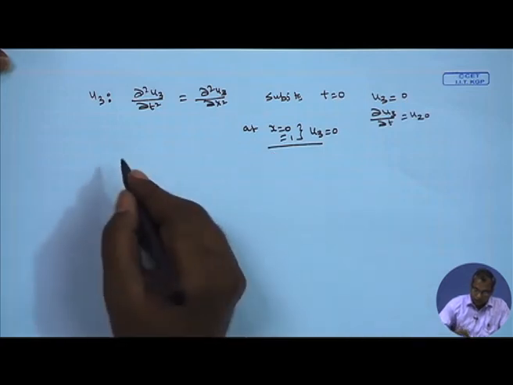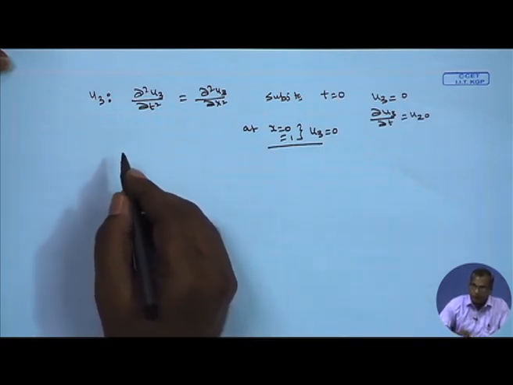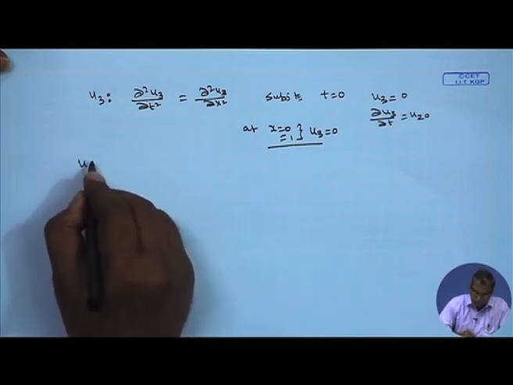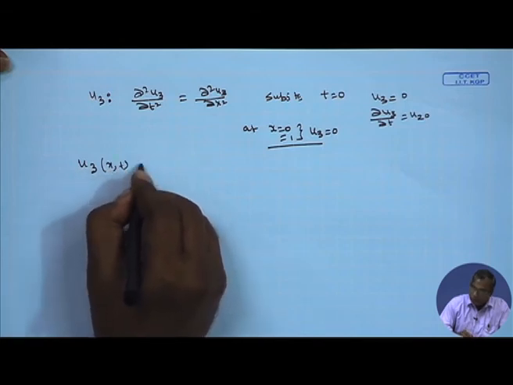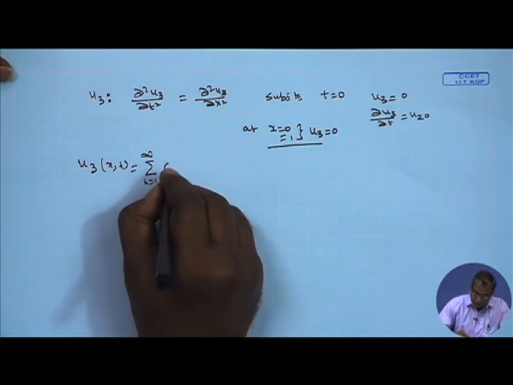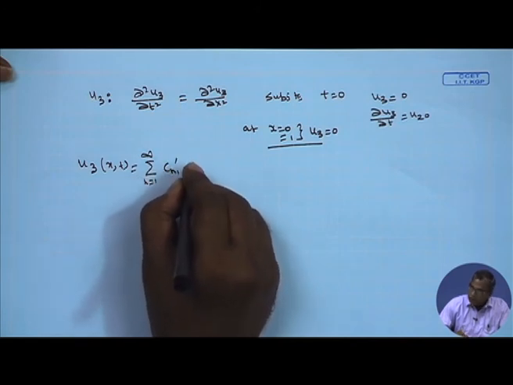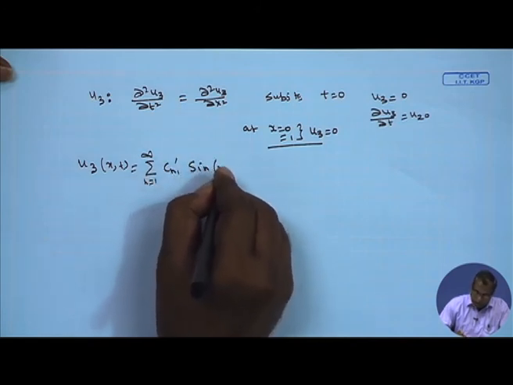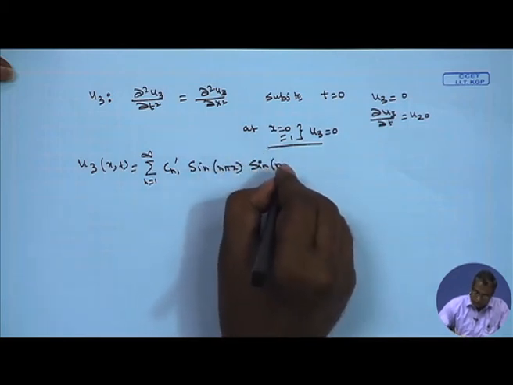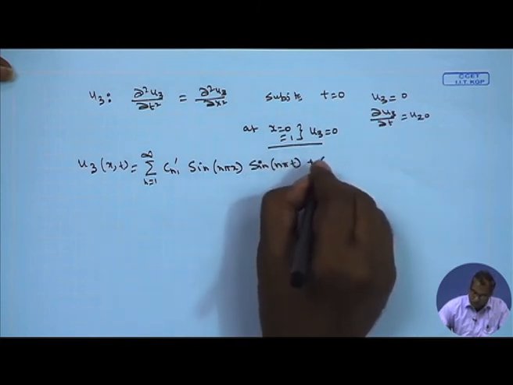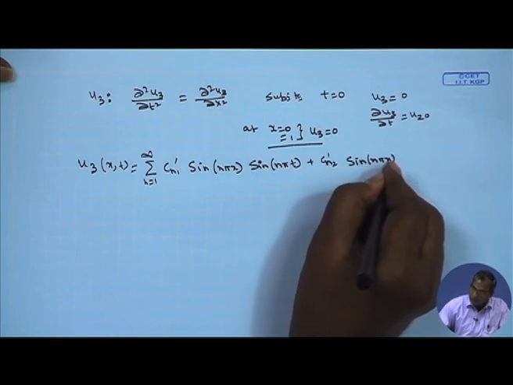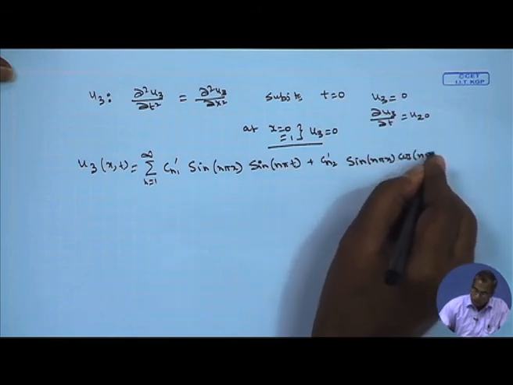Therefore, if you look into the standard solution, u3(x,t) will be nothing but summation of n is equal to 1 to infinity Cn1 prime sin n pi x sin n pi t plus Cn2 prime sin n pi x cosine n pi t.